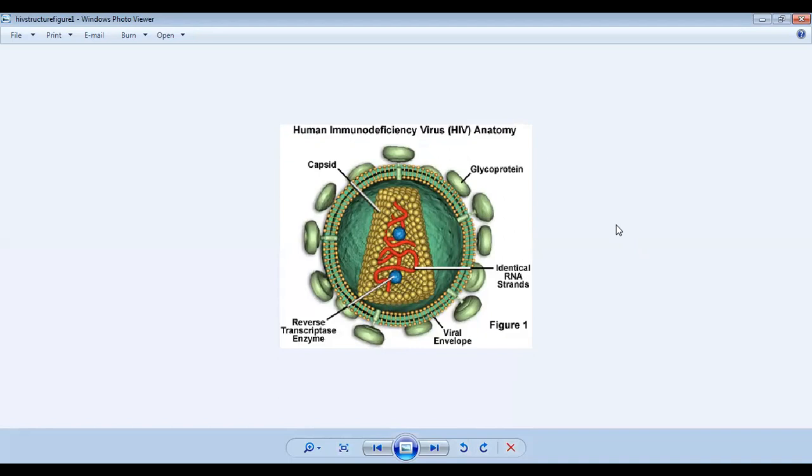The last thing we can discuss today is HIV, human immunodeficiency virus. HIV is part of a family that's called retroviruses. Retroviruses are called like this due to the presence of an enzyme called reverse transcriptase.